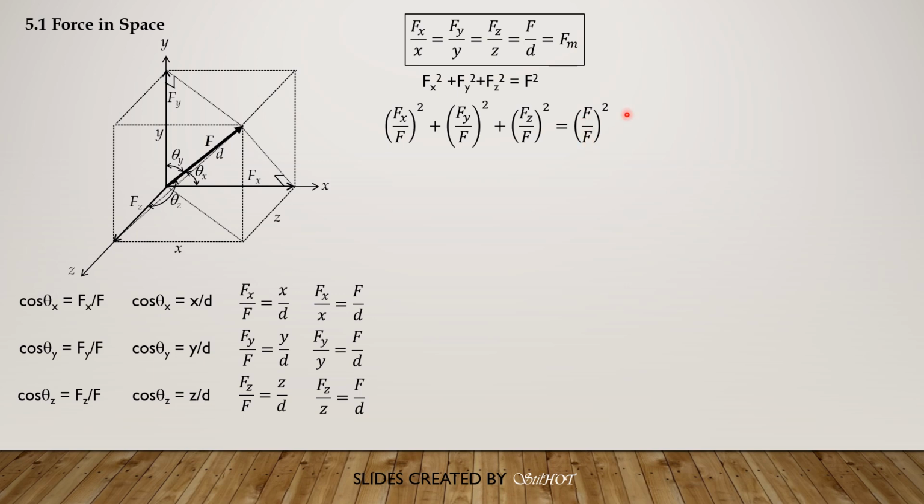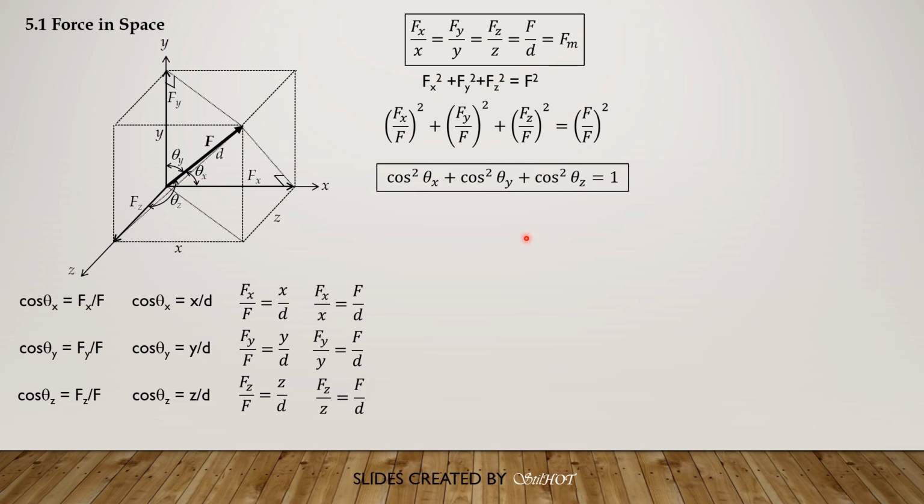This ratio is 1 on the right side, and Fx over F is cosine of theta x, Fy over F is cosine theta y, Fz over F is cosine theta z. So the sum of the squares of the direction cosines is equal to 1. Always remember this: cosine squared theta x plus cosine squared theta y plus cosine squared theta z equals 1.